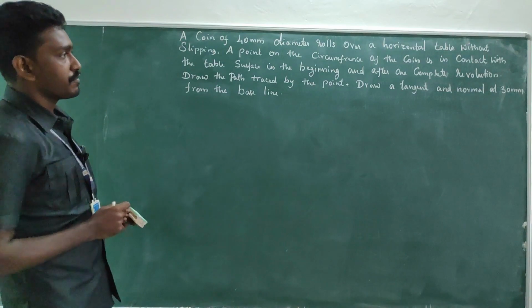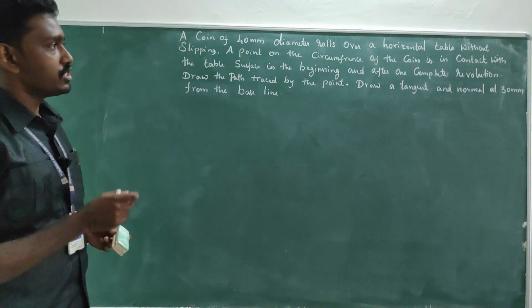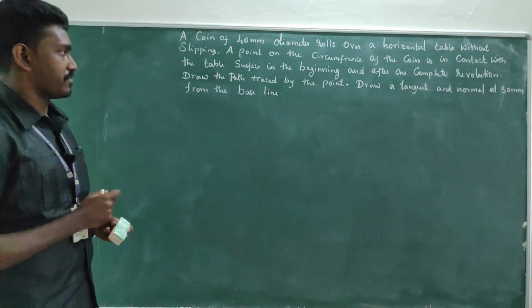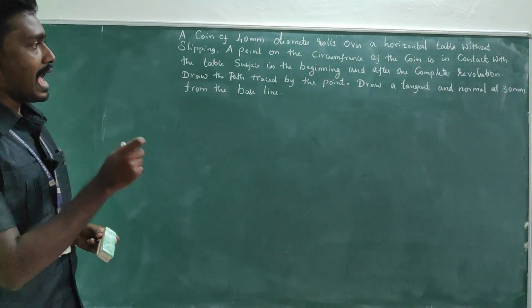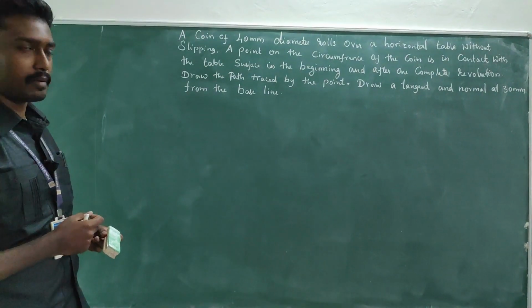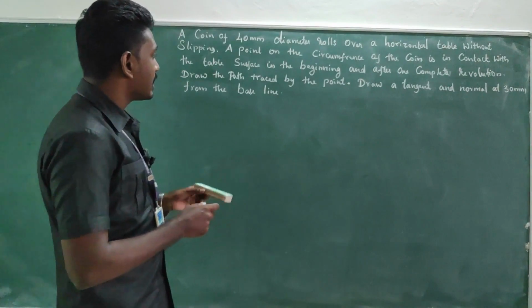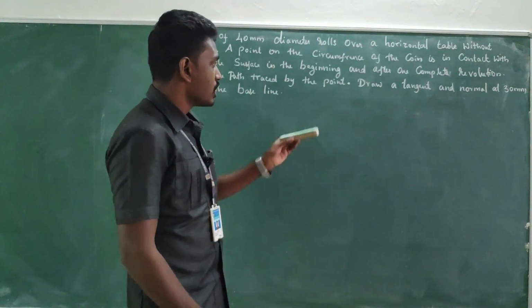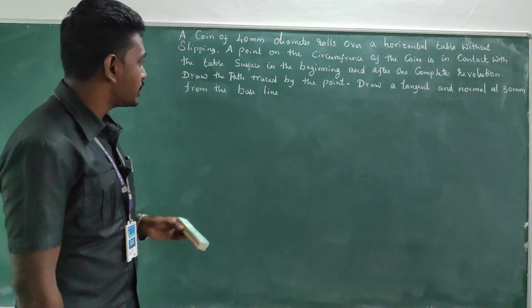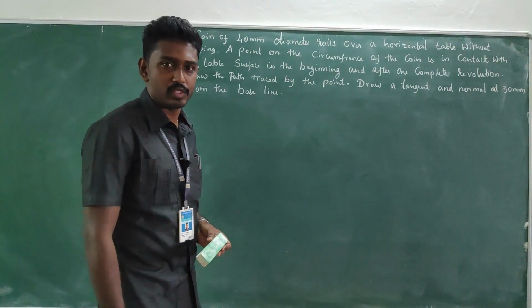A point on the circumference of the coin is in contact with the table surface in the beginning and after one complete revolution. Draw the path traced by the point. Draw a tangent and normal at 30 mm from the base.